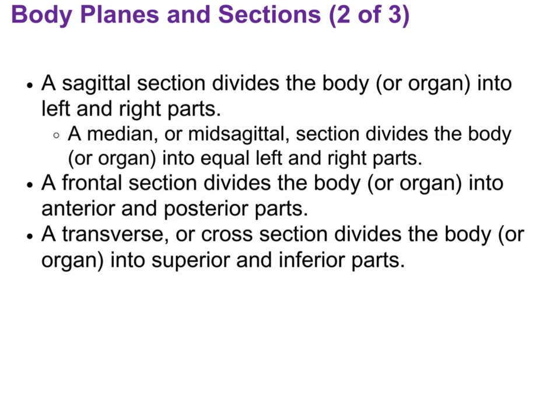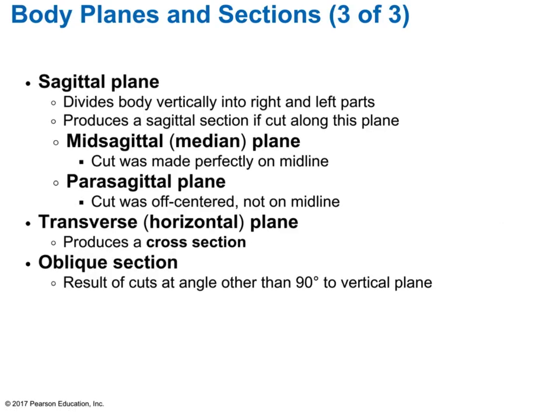This is a great study slide to come back to in order to look at all of the body planes and sections. A sagittal plane again can be mid-sagittal or parasagittal. A mid-sagittal plane cuts along the midline of the body, separating the body into equal left and right halves, whereas a parasagittal plane separates the body into unequal left and right halves.